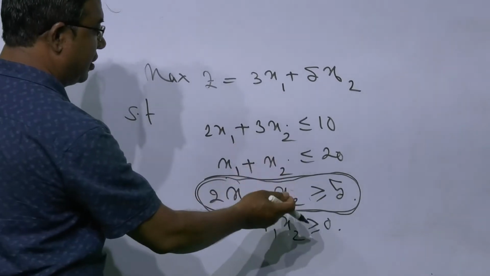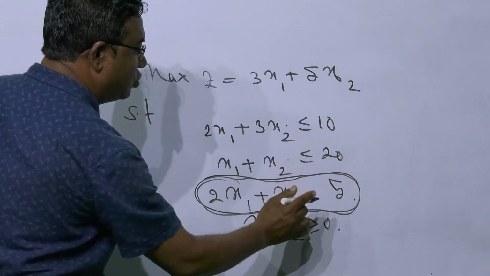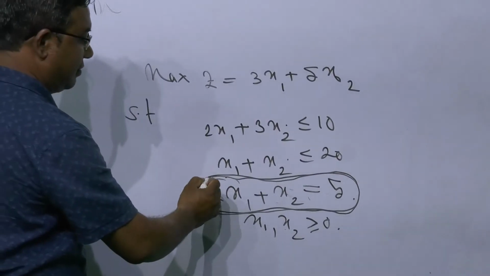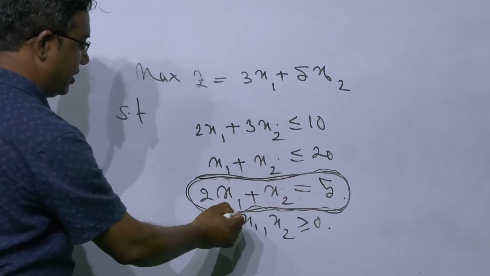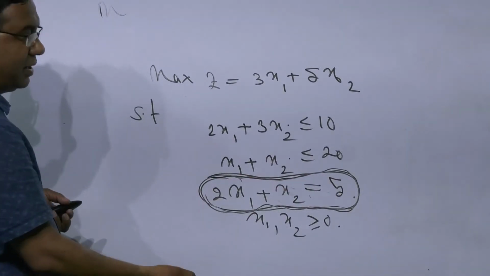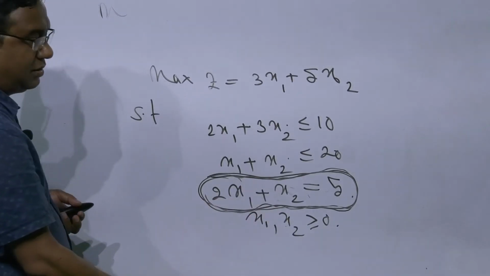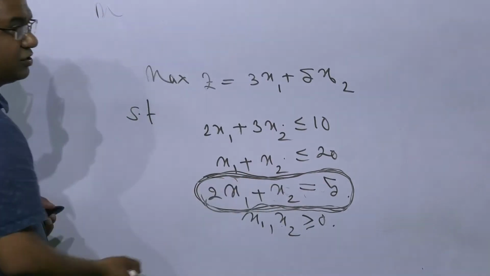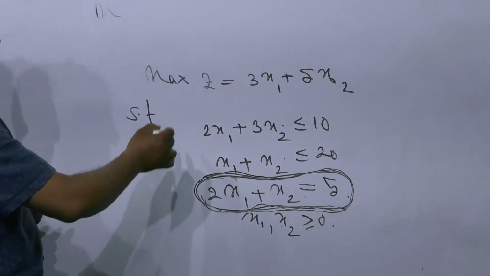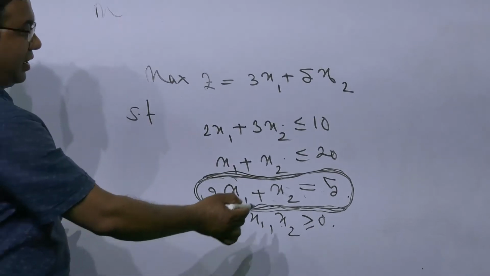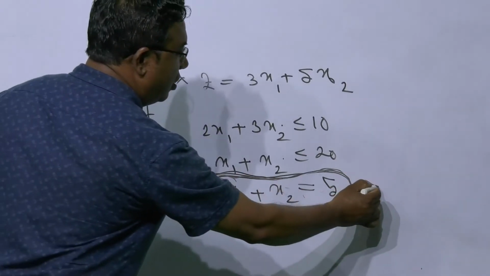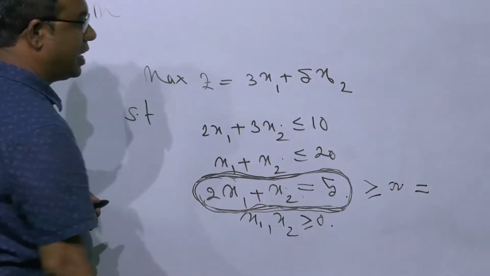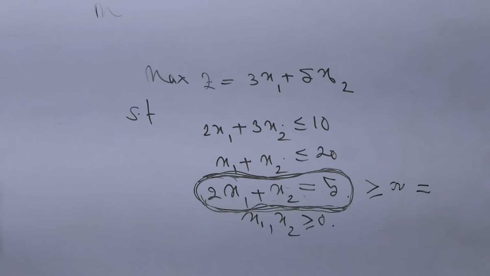And suppose the constraint is of equal to type. Then there will be no slack variable and no surplus variable, but we have to put one artificial variable in this constraint. So if the constraint is greater than or equal to, or equal to type, then we need one artificial variable.